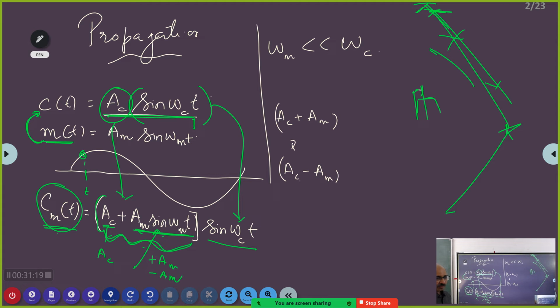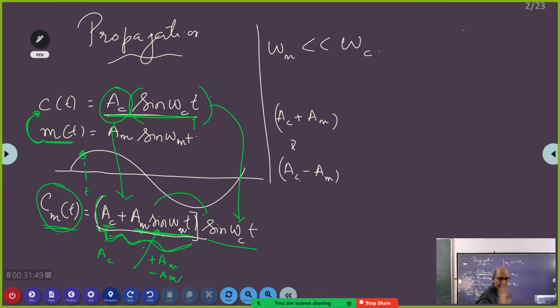Now the most important thing is, slowly and steadily learn. When I open the bracket, I am going to get AC sin omega c t plus AM sin omega m t into sin omega c t.